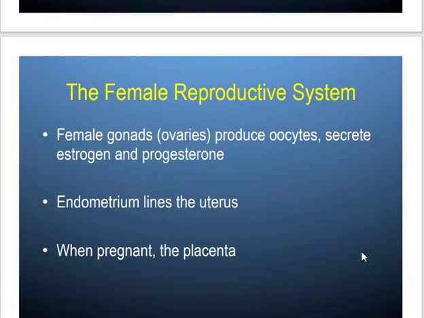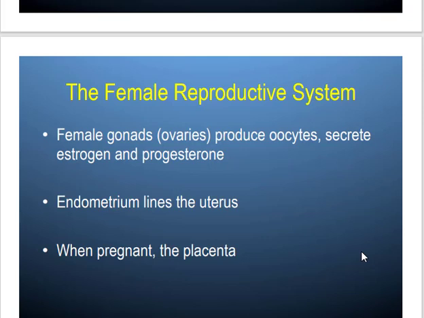The female system produces its own gonad, which is called an ovary, and out of the ovary comes an egg. The more formal word is oocyte. It also secretes two different hormones, an estrogen hormone and a progesterone-like hormone. It's got this endometrium, which lines the uterus, which prepares that uterus, which is basically the storage container where, if a new human is going to be created, that is where the new human would be created.